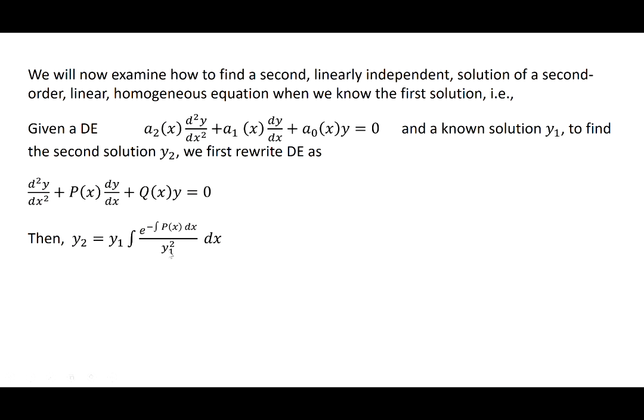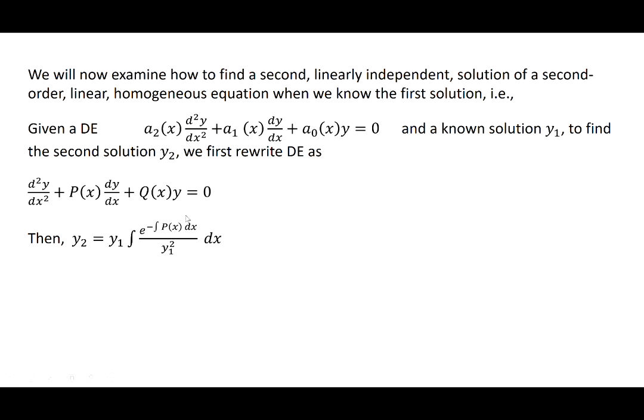Now, if you look at this just a tad carefully, it almost looks like our mu, right? In first order linear equations we did e raised to integral of p of x dx is our mu. This is almost like that, except that you have to do e raised to negative integral of p of x dx. And p of x is the coefficient of dy dx.